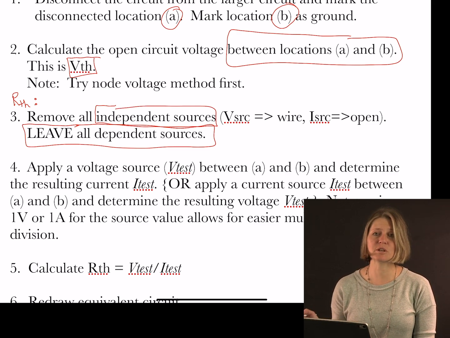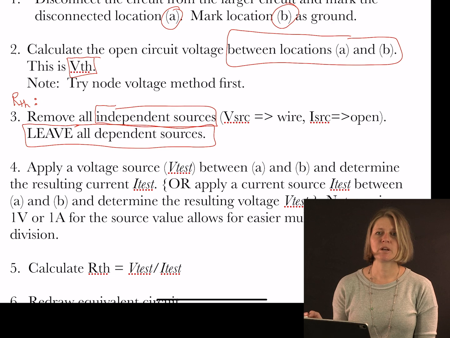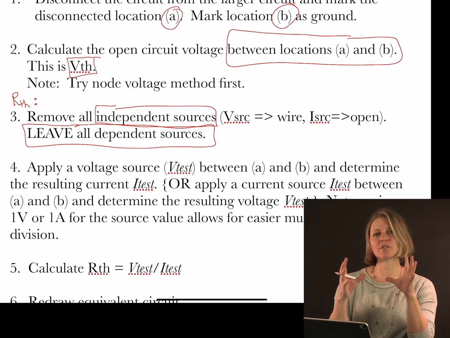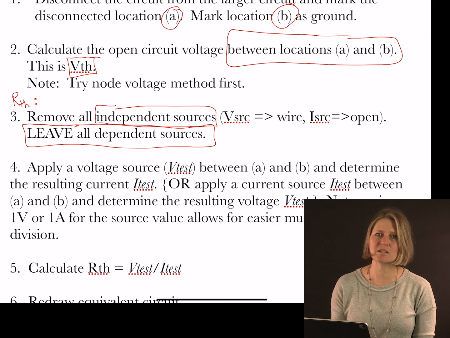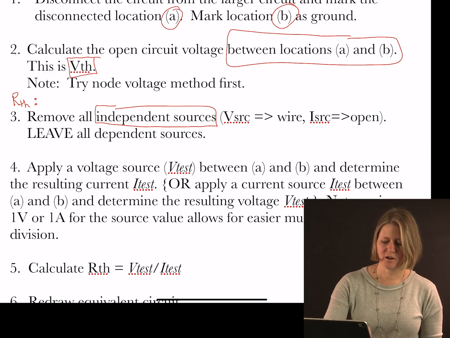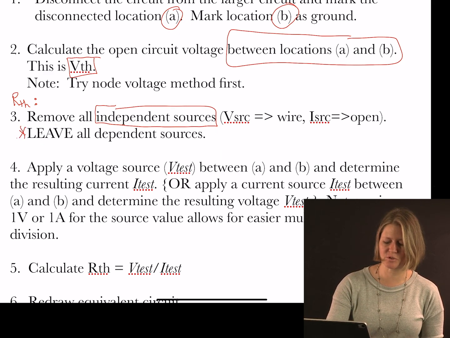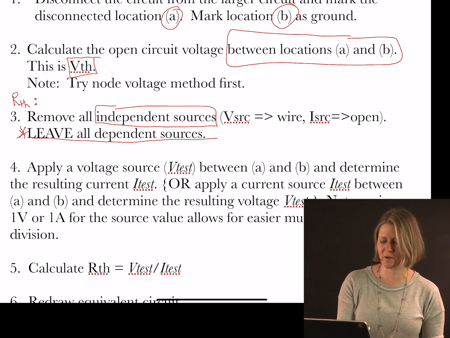So voltage equals 0 means it's a wire. When you have current equals 0, that looks like an open. And so you're going to replace the independent voltage sources with a wire, or an open for the current source. Remember to leave in all the dependent sources.